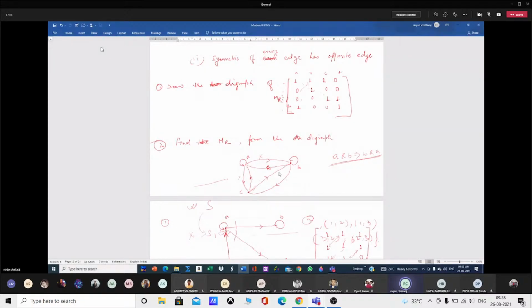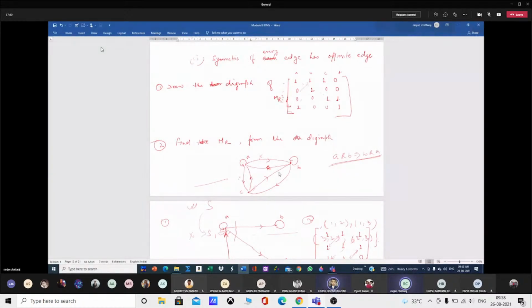Or you may simply consider the book of Kenneth Rosen. In that book, go to page number 485 and 486. There it is defined. A relation is reflexive if and only if there is a loop at every vertex.